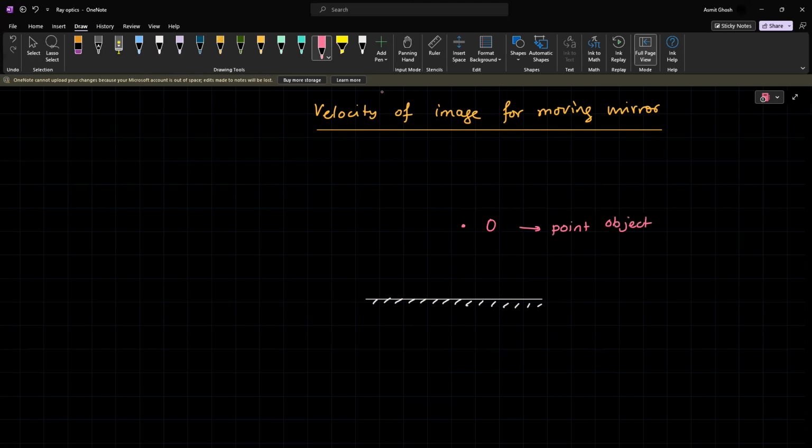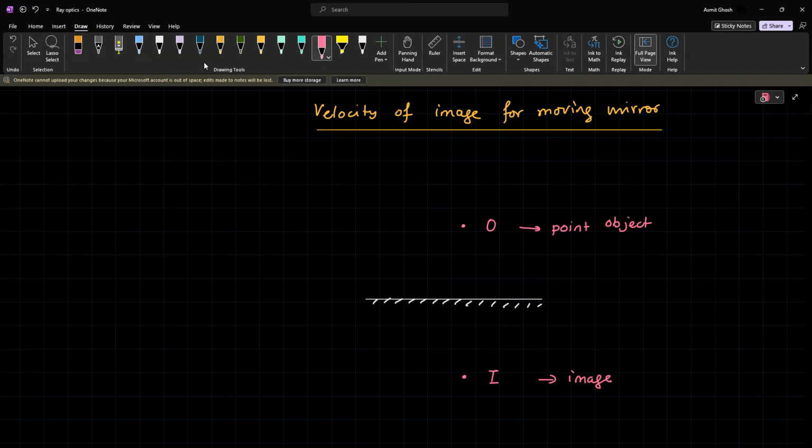Okay. Now, let me say that if this is the object, then around here should be the image of this object at the same distance, right? This is the image.